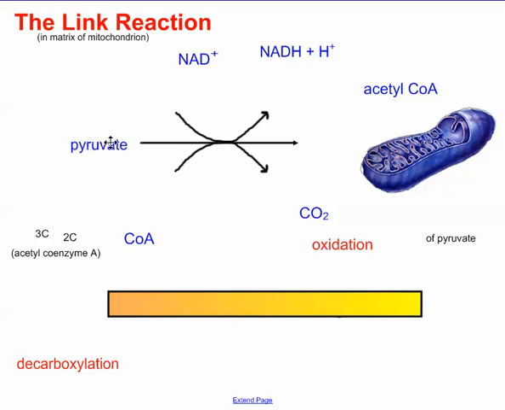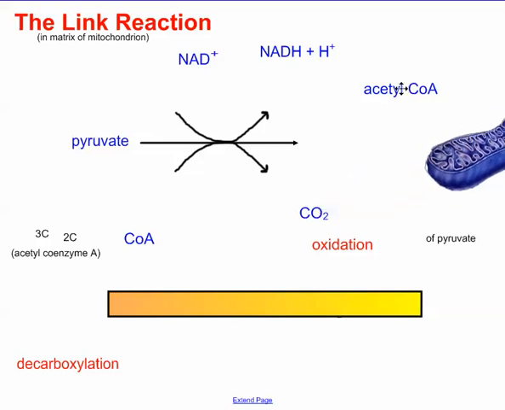One pyruvate molecule needs to feed into the next thing called the Krebs cycle. Unfortunately, pyruvate can't just feed directly into it. It needs to be converted into something else, and it happens to be called acetyl coenzyme A. Now, this is kind of interesting because acetyl coenzyme A can feed into the Krebs cycle, which is the next stage in this entire thing, but sugars and carbohydrates are not the only thing that we can break down and respire.